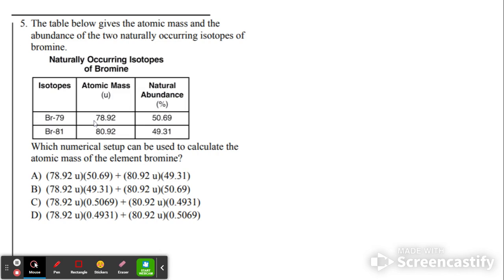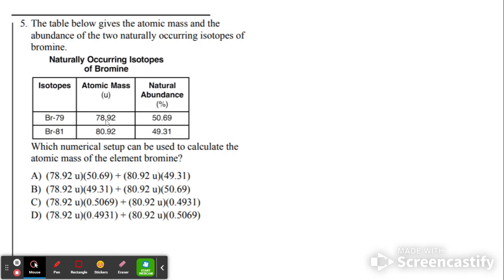If we were to multiply the atomic mass and its corresponding natural abundance over 100 and take the sum of that value for both isotopes of bromine, that would be the average atomic mass for it. So looking at our options, the answers must be either C or D, because in choices A and B, they fail to divide the percent by 100. So the answers are either C or D.